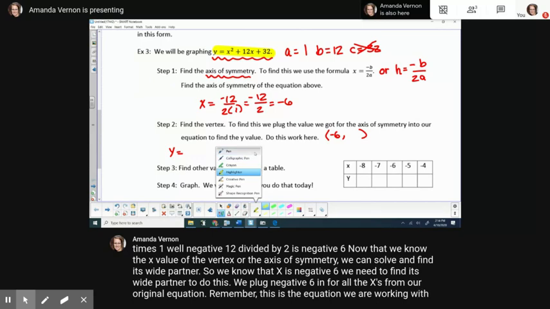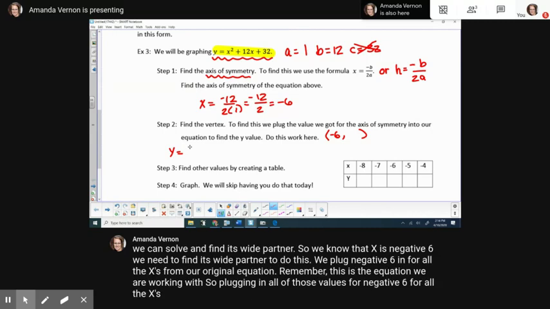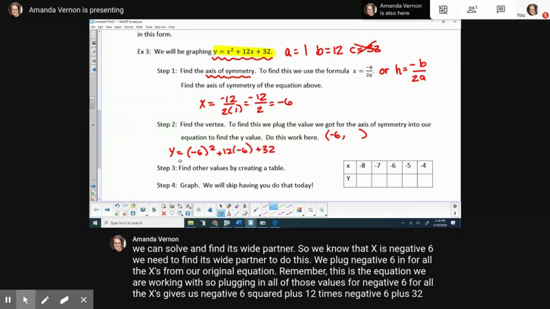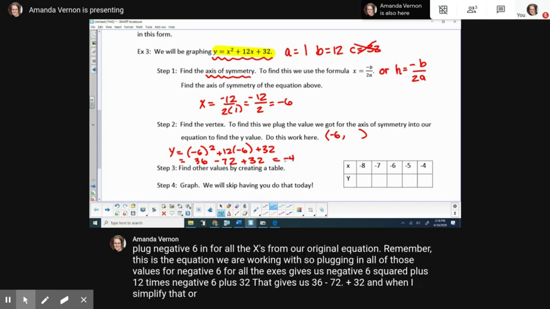So plugging in negative 6 for all the x's gives us negative 6 squared plus 12 times negative 6 plus 32. That gives us 36 minus 72 plus 32. And when I simplify that or combine it, I get negative 4.